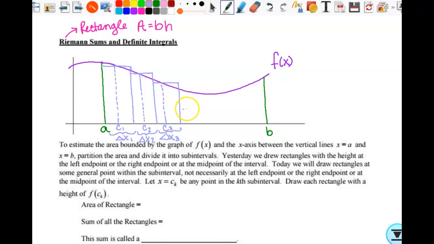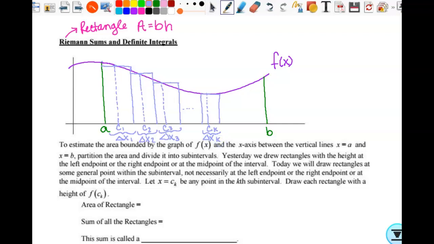Then I'm going to do a dot, dot, dot, meaning there are other rectangles in between. And then we can have this one. This isn't necessarily C4, because we had C4 and something else in there. This is going to be C sub k, like the sub 1, 2, and 3. So that makes this delta x sub k, and k is just some value.